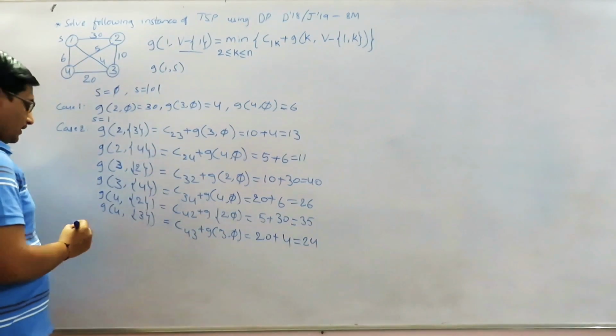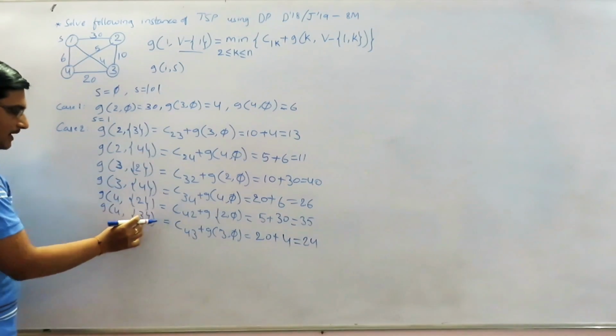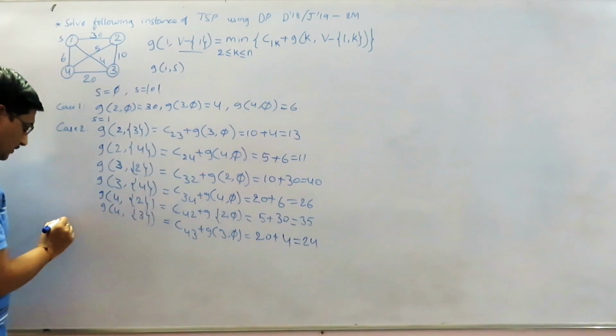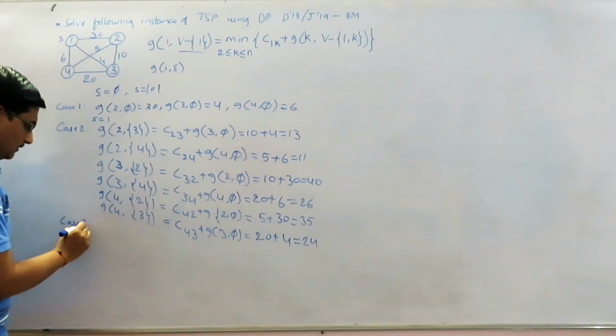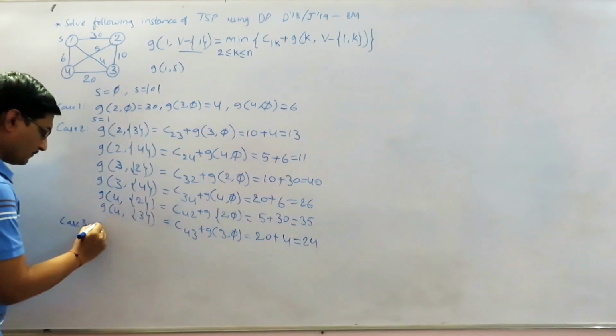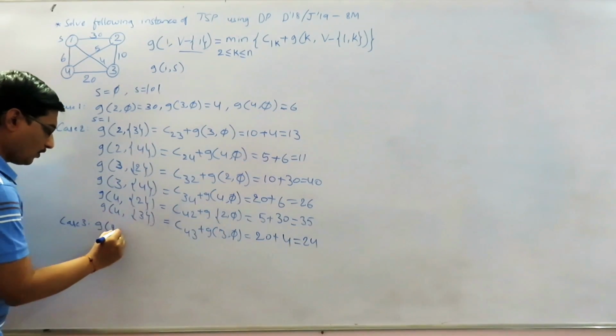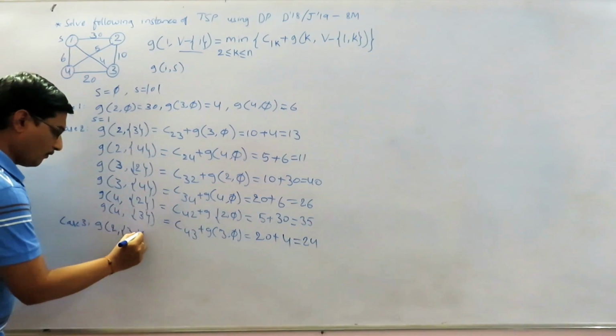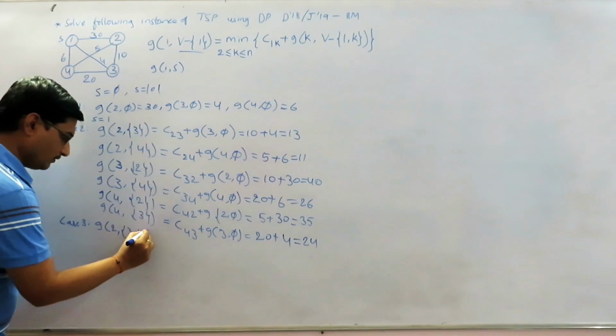So we need to go for case 3, where we need to expand this by 2. Case 3 is S equal to 2. So G of 2 comma {3,4}, we need to find this.